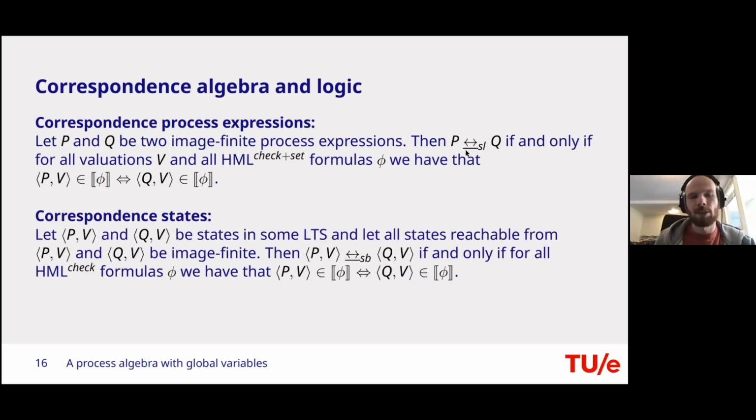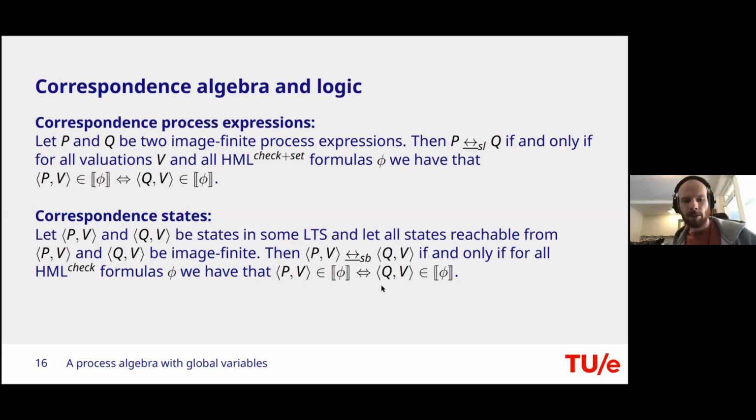We have a similar correspondence for state-based bisimilarity and HML check formulas. So this is without the set operator. Here we have that if two states are state-based bisimilar, then they satisfy the same formulas, and the other way around.